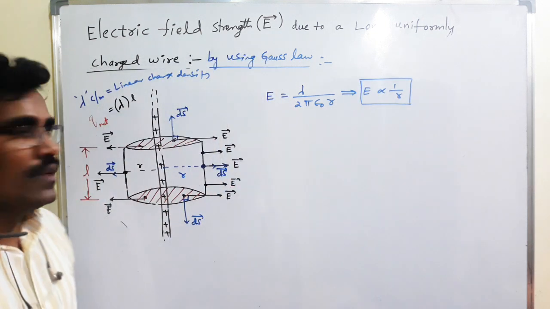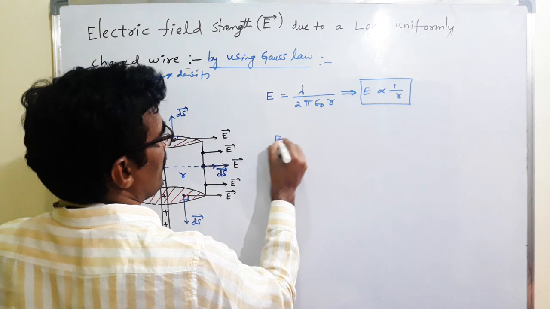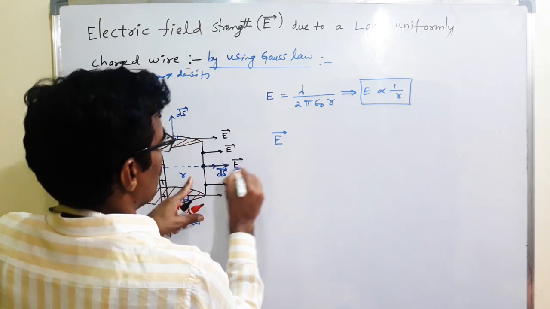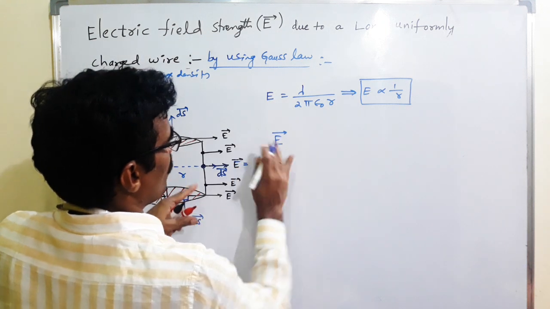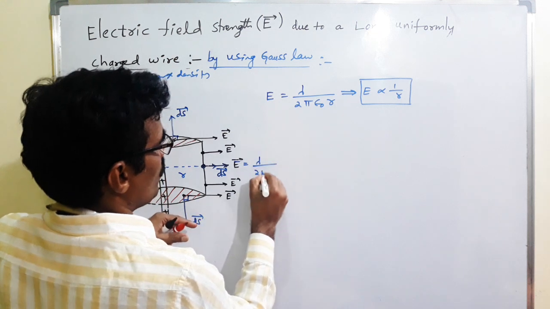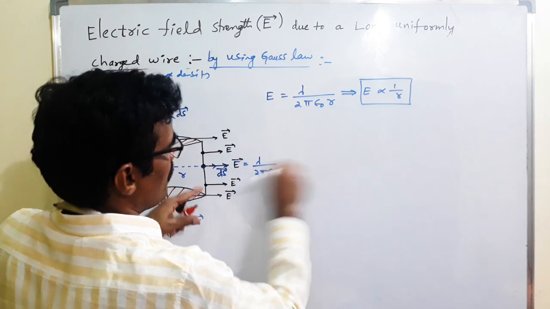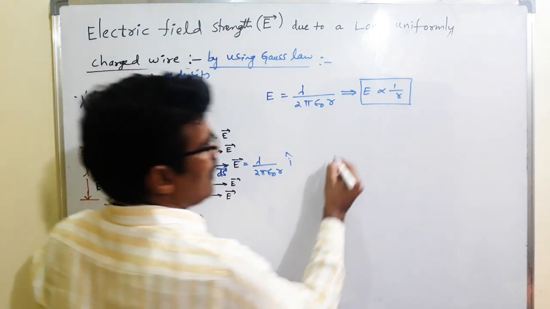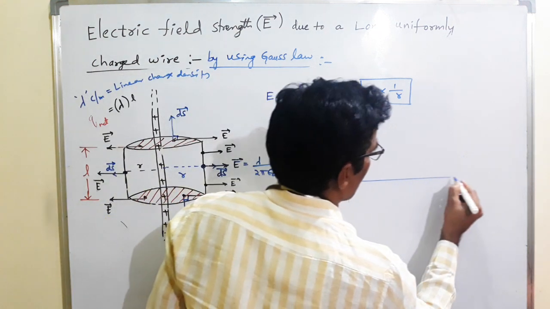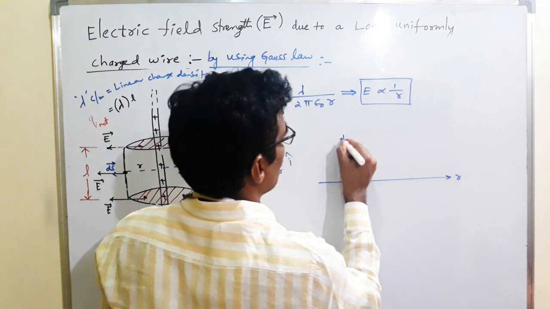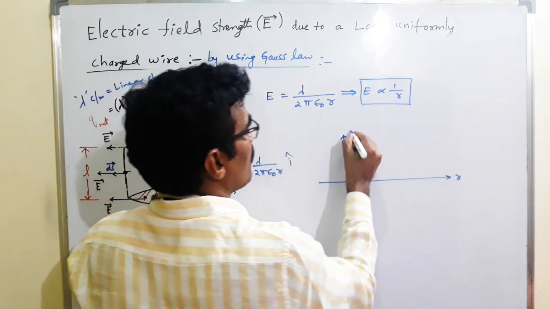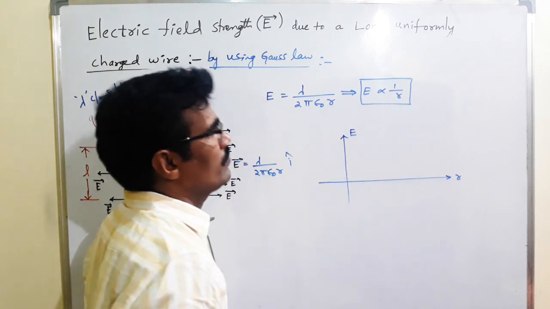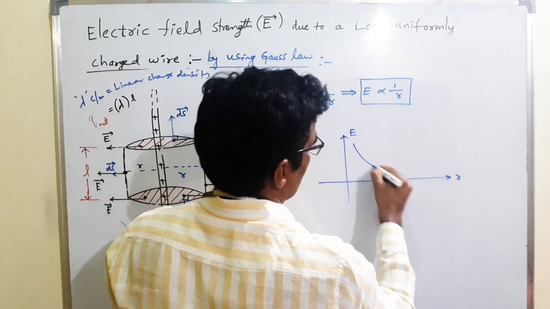Right? So what is the field direction at this point? Here the field E is lambda by 2 pi epsilon naught r, direction i cap. On the other side, minus i cap. When a graph is drawn between E and r, they are inversely proportional.